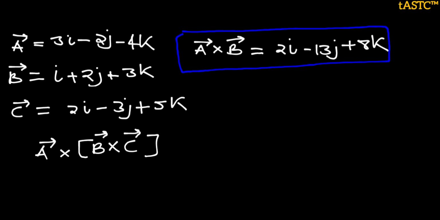What is that going to be? Find the direction cosines of this vector. You need to understand that this is going to be a whole vector altogether, but we need to work it gradually. So first we need to work out what b cross c is, and later find a cross the vector b cross c. So first let us find b cross c.